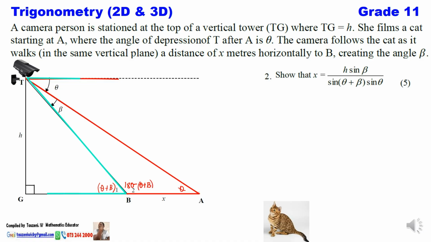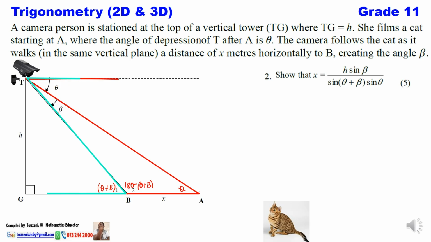We want to show that x is equal to h sine beta over the sine of theta plus beta times sine theta, which basically means we must find the value of line BA in terms of theta and beta and so on.